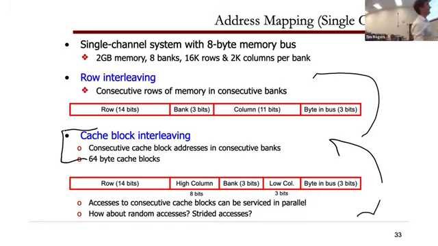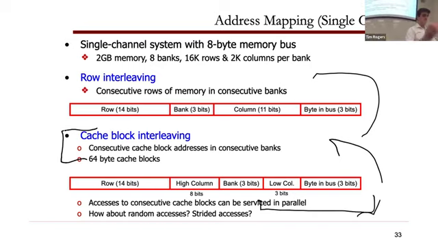So that means that I need to make sure that the low 6 bits are going to be consistent across the cache block. We're in agreement of that, right? So that means that I need the bank bits to change as quickly as the cache block changes. So I have to put the bank bits right at the edge of 6. Make sense? That's why I did it.